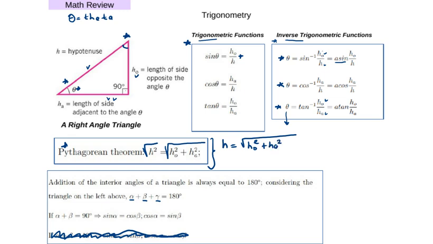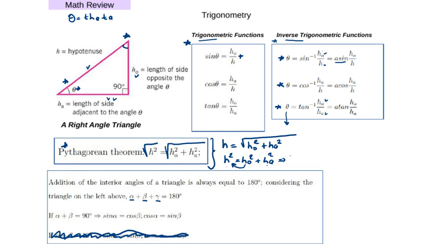And I can rearrange this to solve for hypotenuse. When I take the square root of both sides, hypotenuse will be equal to the square root of HO squared plus HA squared. If I know HO and HA, I can find the hypotenuse. Now and then, let's say I know HO and H, but I don't know HA.